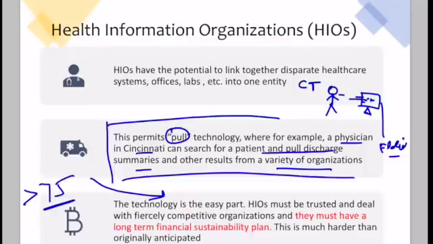But the bigger challenge is, once you have this technology, training the staff, sustaining and continuing this deployed technology without federal support. There are some organizations.